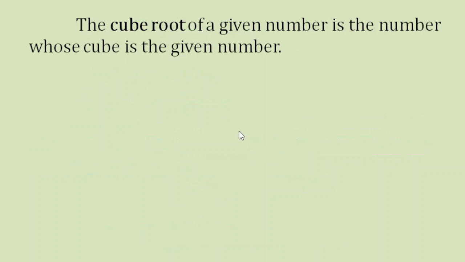Now let's talk about cube root. The cube root of a given number is the number whose cube is the given number. To understand this line, we will illustrate it. If x cubed equals y, then the cube root of y equals x.